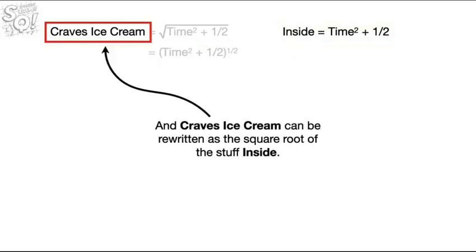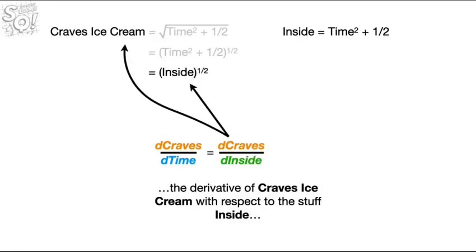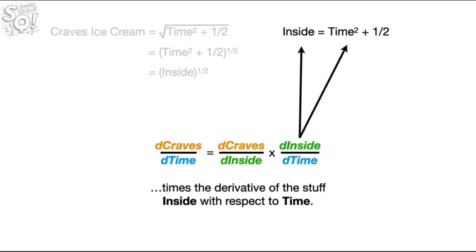And craves ice cream can be rewritten as the square root of the stuff inside. Now, the chain rule tells us that the derivative of craves ice cream with respect to time is the derivative of craves ice cream with respect to the stuff inside times the derivative of the stuff inside with respect to time.